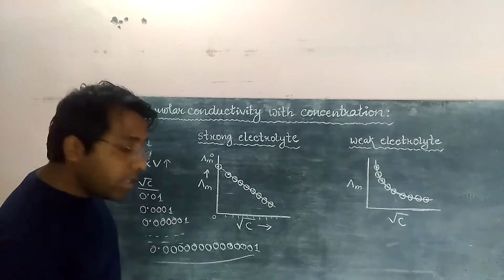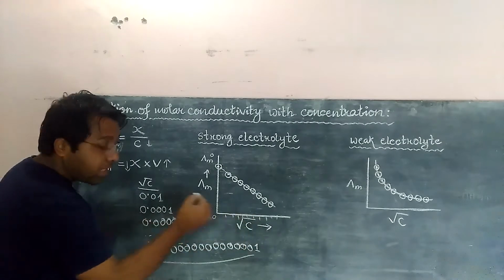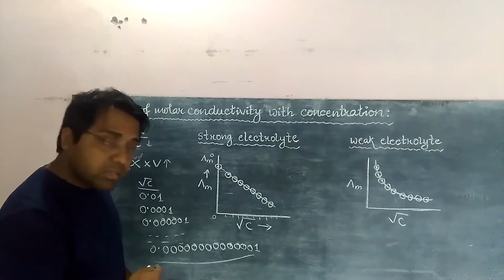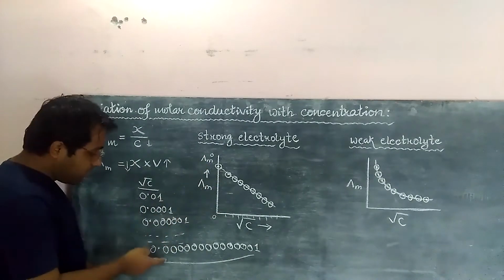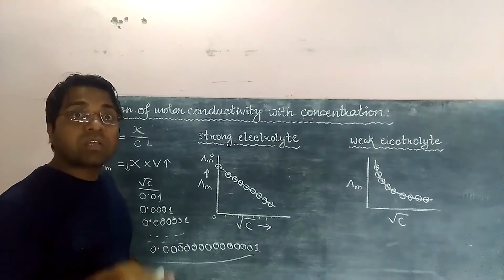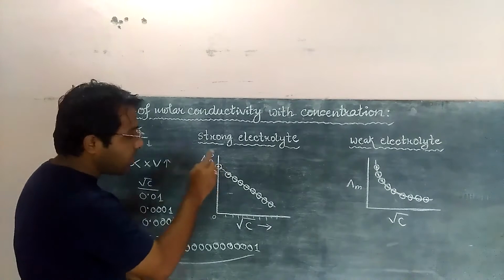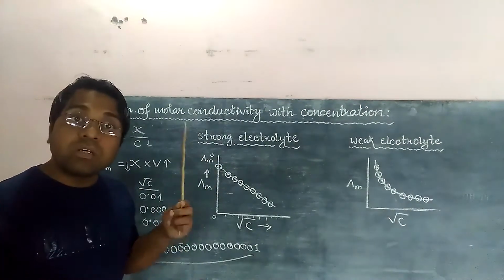As already mentioned, as we go on decreasing the concentration, the molar conductivity increases. So the molar conductivity value at this stage will be fixed, in the sense that there will be no further increase. It will attain a certain limit, and that's why there is no further rise.